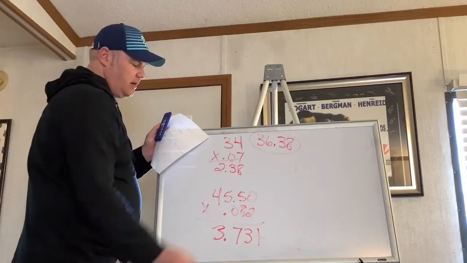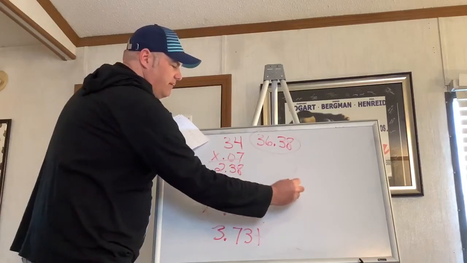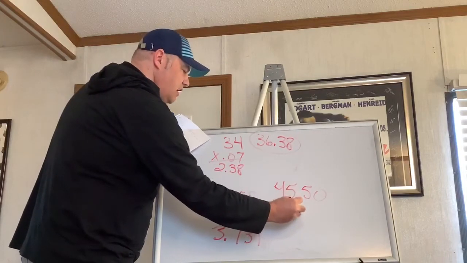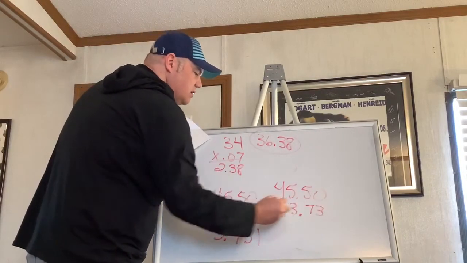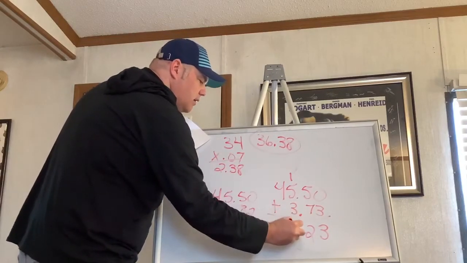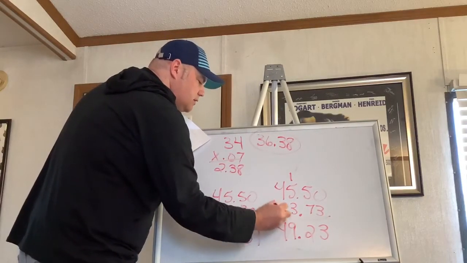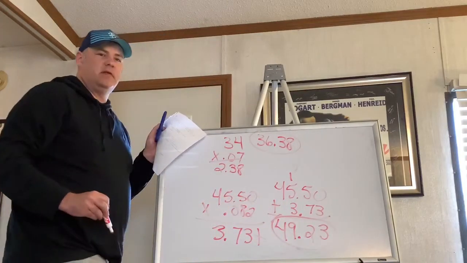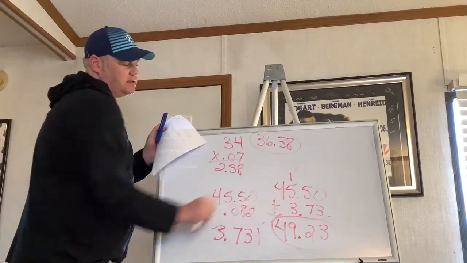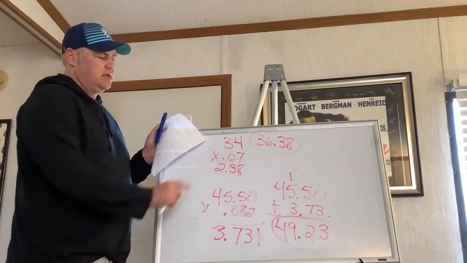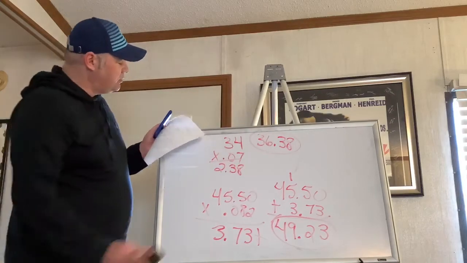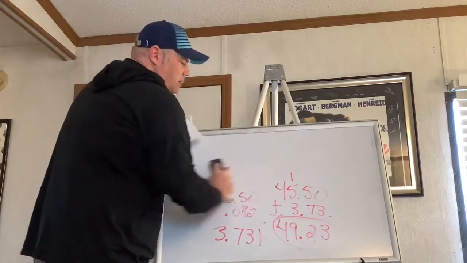So you don't need that there. So you're going to take your original $45.50 and add it to $3.73. So it should have been $49.23 for that item. So that's paying the $45.50 for the original item, plus $3.73 sales tax. You get $49.23.